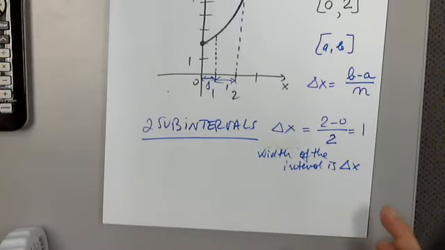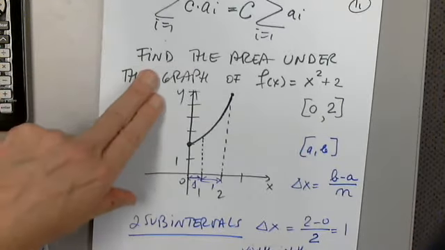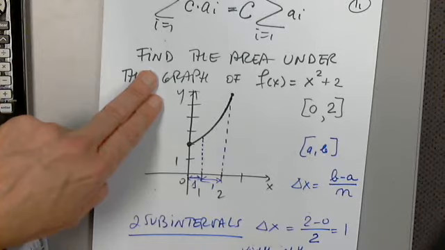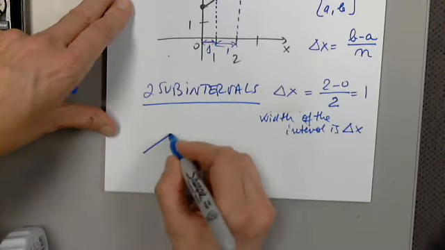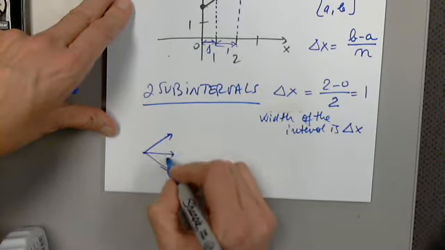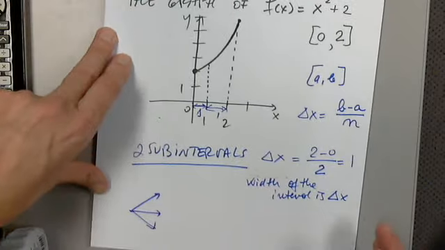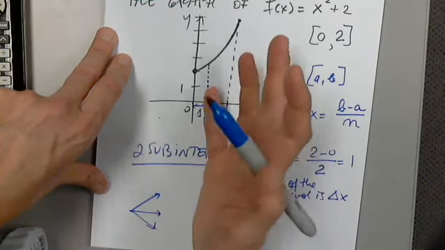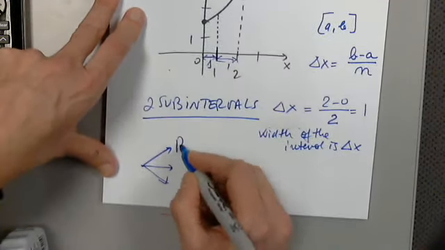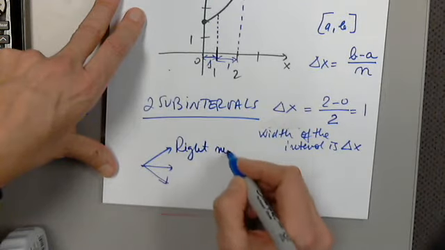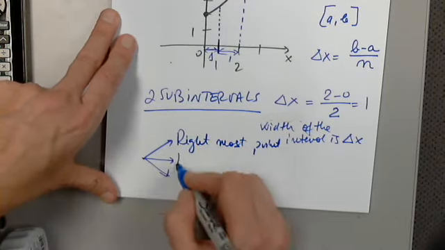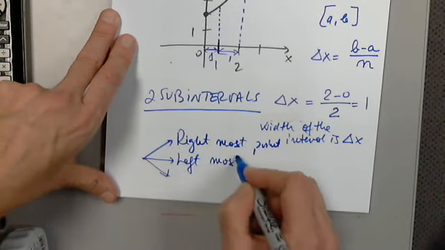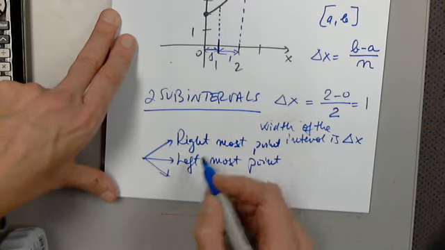In order to approximate the area, the question is asking us to find the exact area. We're not there yet. So I'm going to approximate the area using 2 subintervals and the rightmost point of the interval, the leftmost point, and the midpoint.